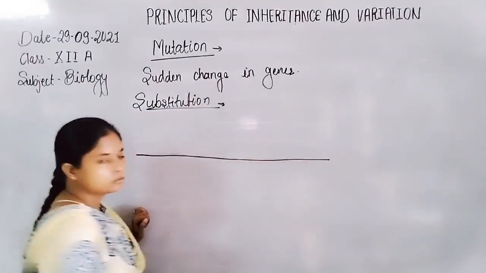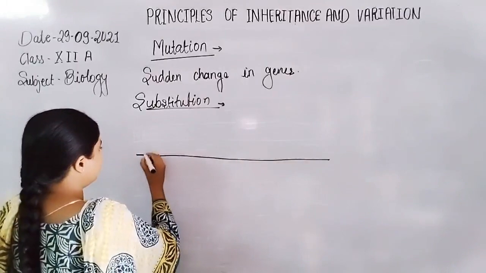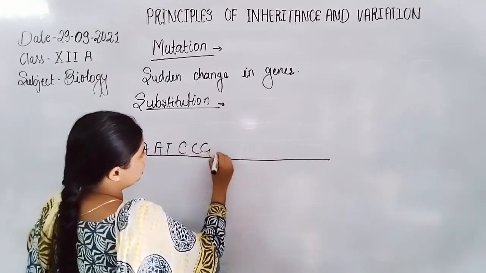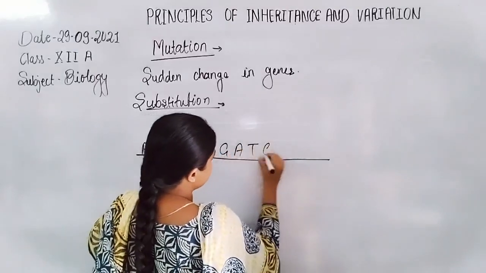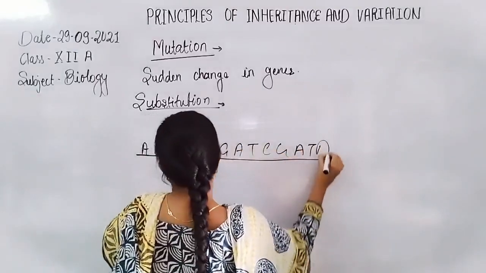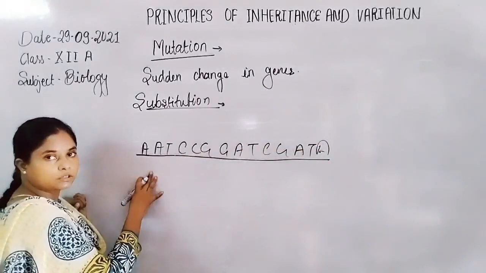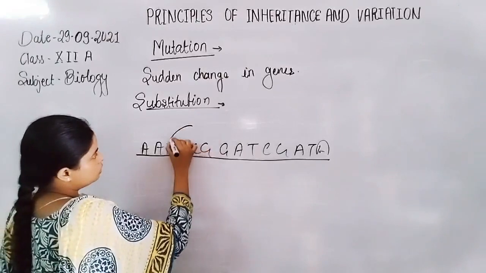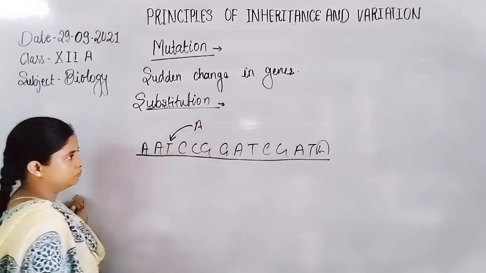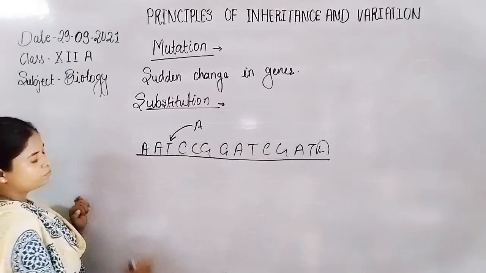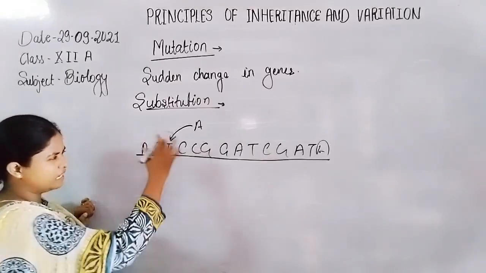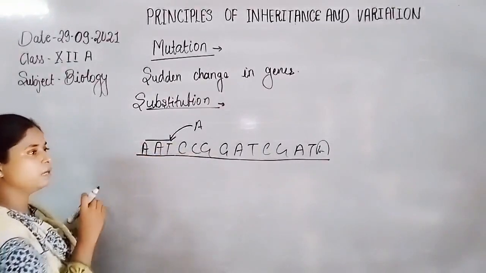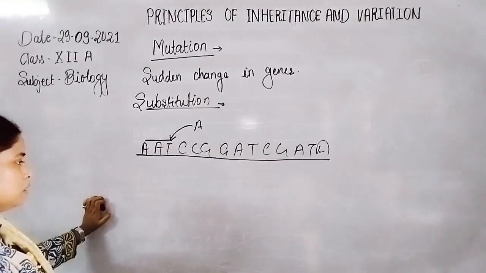Here is the chromosome chain, A, G, C, C, G, G, A, G, C, G, A, T. For example, here is the genetic sequence. If any nucleotide is replaced by this one, previously the T would synthesize a triplet in the form of AAT, which synthesizes another type of amino acid.